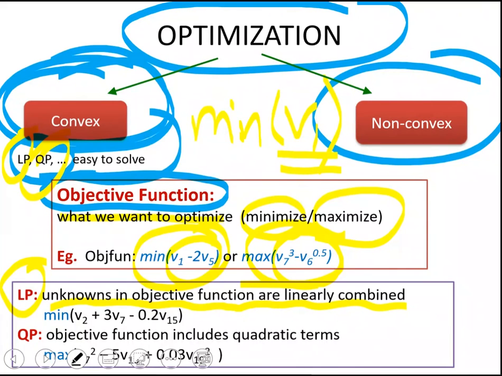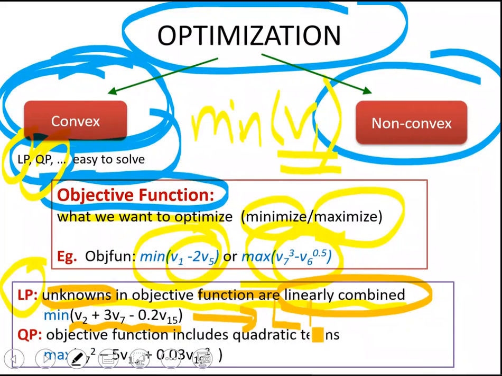For linear programming, these unknowns have to be combined linearly, which means that there shouldn't be any power or square root of the unknowns. So in this case, you see the power of all unknowns is one, so they are linearly combined. In this case, we can apply linear programming.